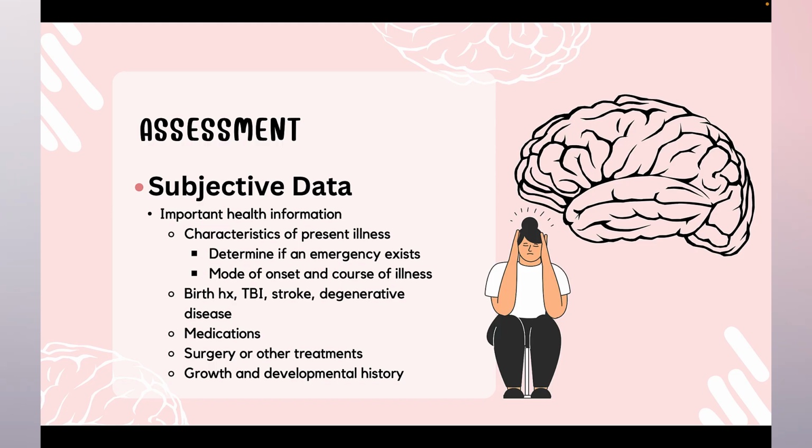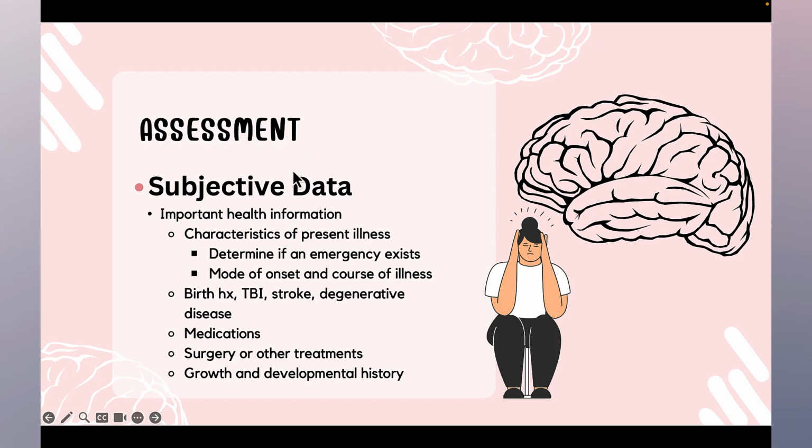You'd also want to know about any past surgeries they've had specifically on maybe their brain, spinal cord, things that would affect their neurological system. And then you would want to know just overall their growth and developmental history throughout their life. Were there any delays? Are there any cognitive delays, or like motor delays, anything like that in the patient?